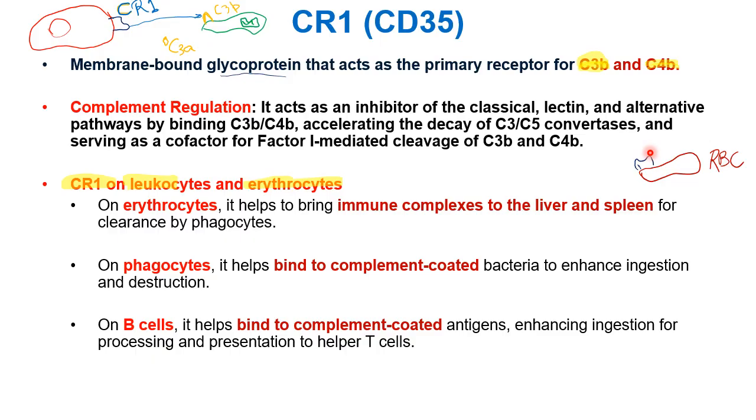It binds these complexes and brings them to the liver or the spleen for destruction. Antibody-antigen complexes, and you can also bind C3b bound to pathogen. You got the job of the red blood cell here in immunity: it can catch some tagged or opsonized pathogens and help to destroy them.